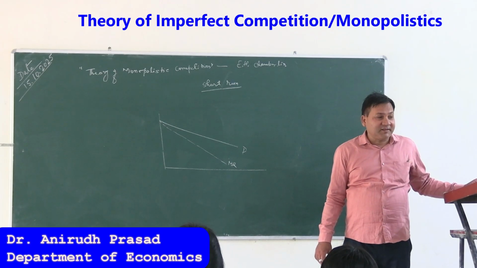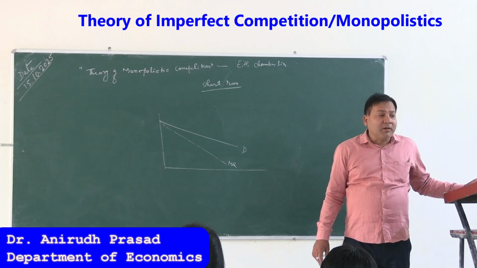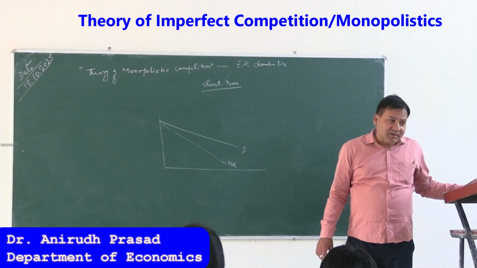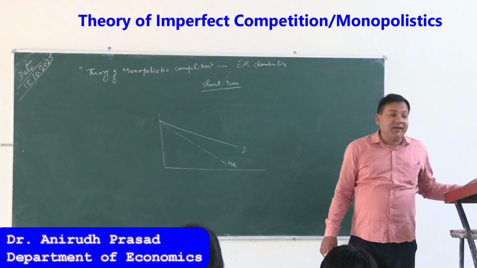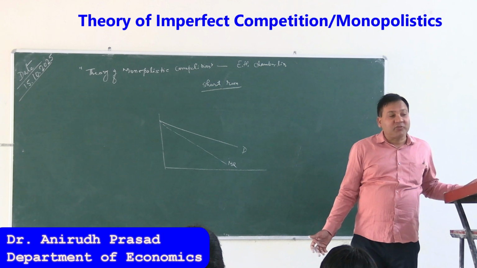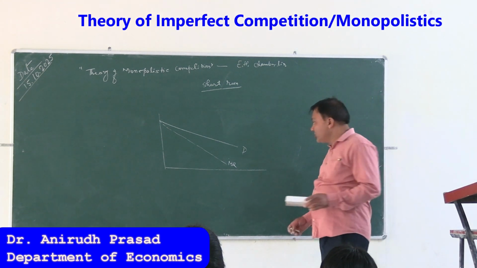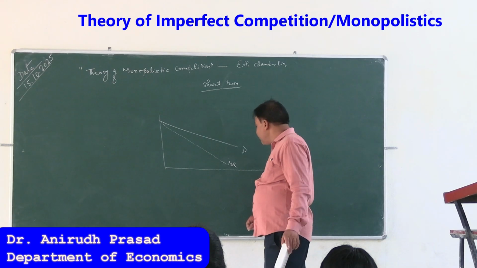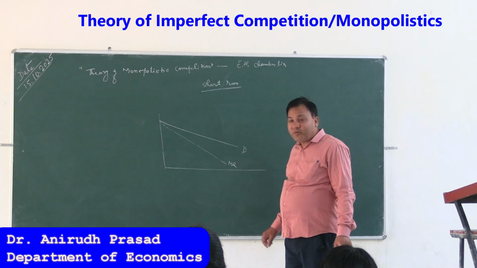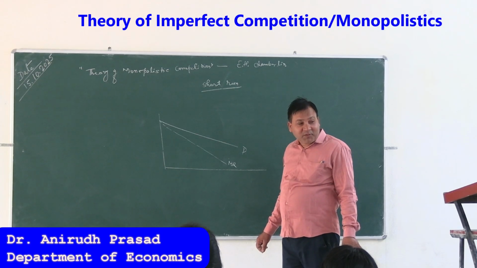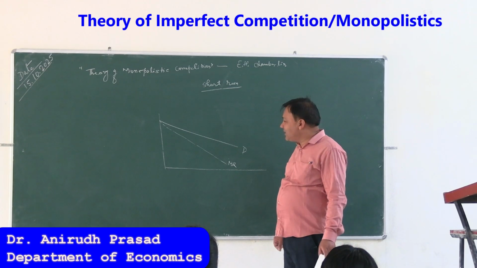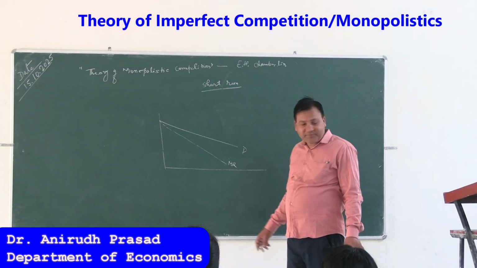Producers can get normal profit, producers can get a loss, or producers can get supernormal profit as per the market situation. We will discuss one by one what is normal profit, what is supernormal profit, and what are the losses. We can see this diagrammatically.